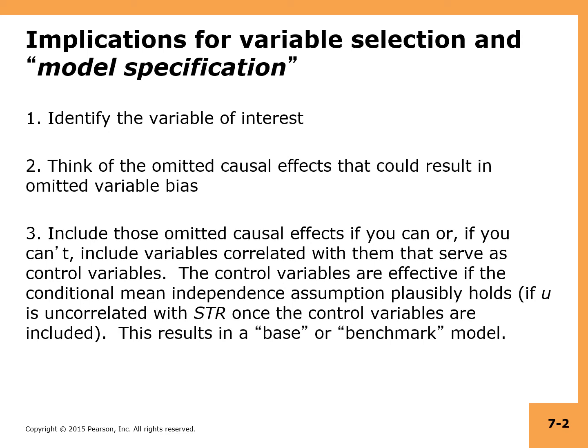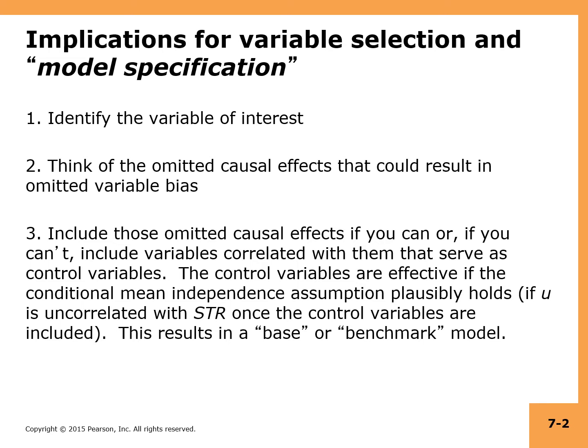The second step is to think about whether there's any potential omitted variable bias. Are there any factors that are missing and that satisfy the two conditions of omitted variable bias? The third step is to include these potential omitted variable factors in your model if you can.